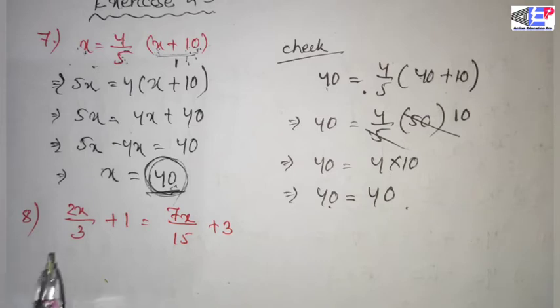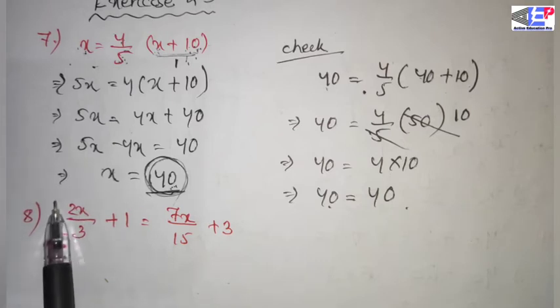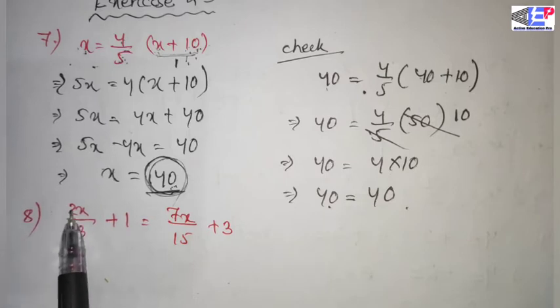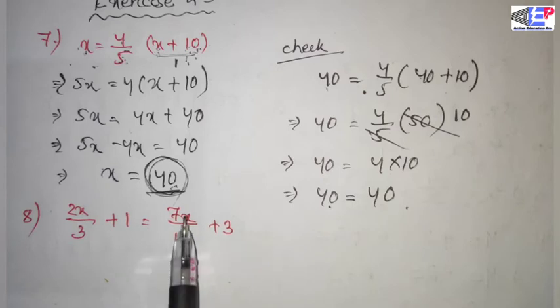But here the coefficient of x is a fractional number. Here 2/3 is the coefficient of x, and here 7/15 is the coefficient of x.